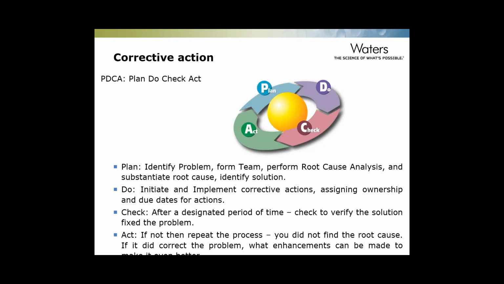If it did correct the problem, then we can look at it and ask, is there any other enhancement we can make to ensure this is going well? Maybe everything is working great, but we'd like to change our training or this process to make it more efficient or ensure other issues don't occur. So again, plan, do, check, act.